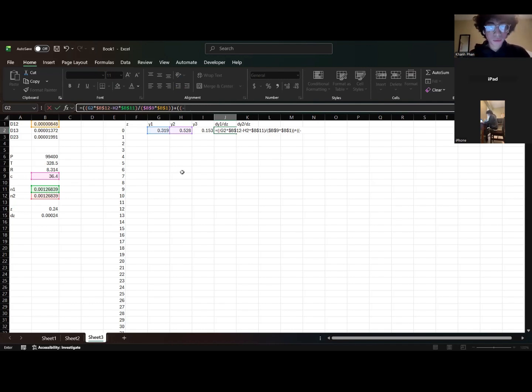So we have negative Y3 times N1, and then don't forget to lock it, divided by concentration times D13.